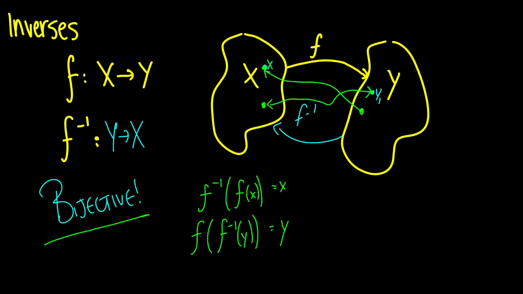And again, I reiterate, a function must be bijective to have an inverse. Otherwise, things can be kind of weird. For instance, let's say that f of 1 maps to 2, and f of negative 1 maps to 2. Okay, so this is pretty nice.